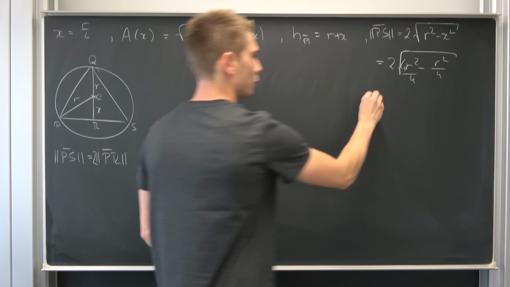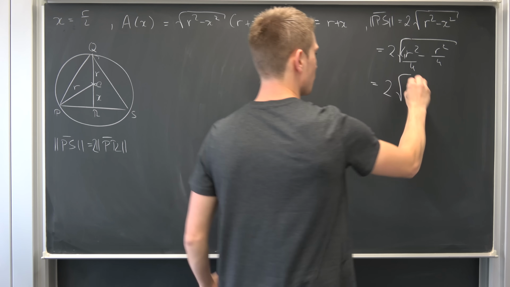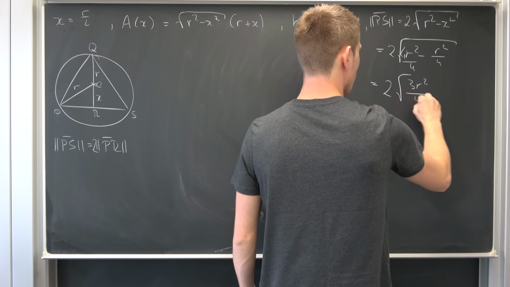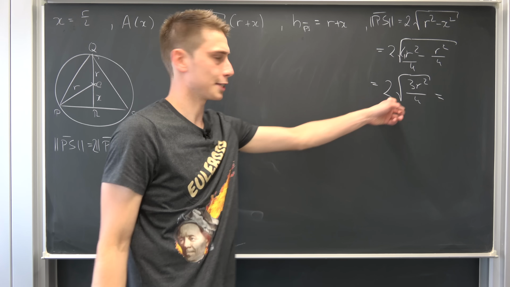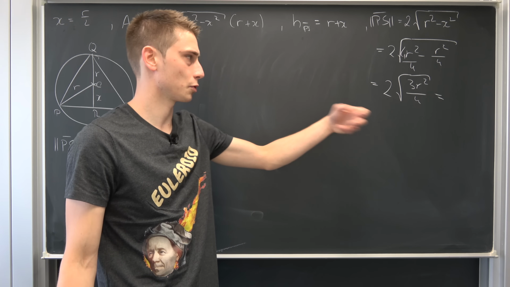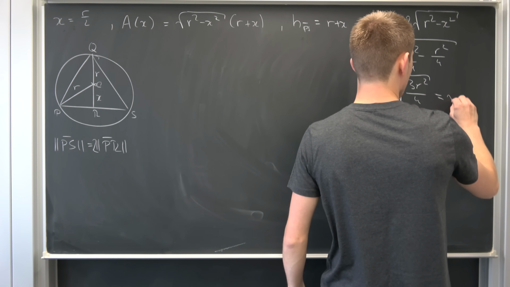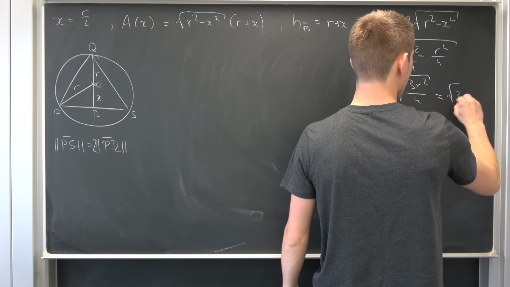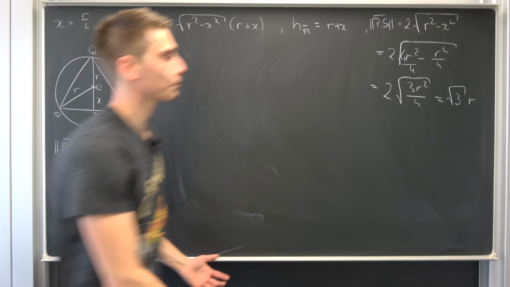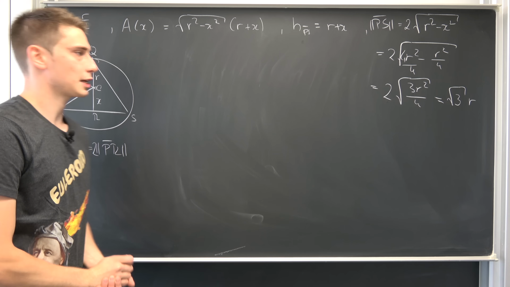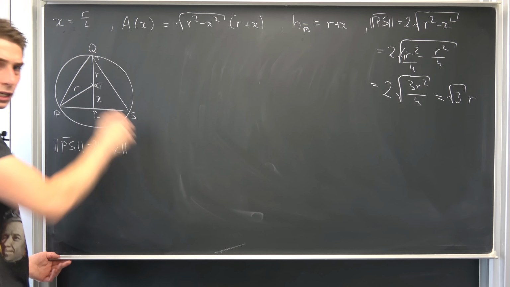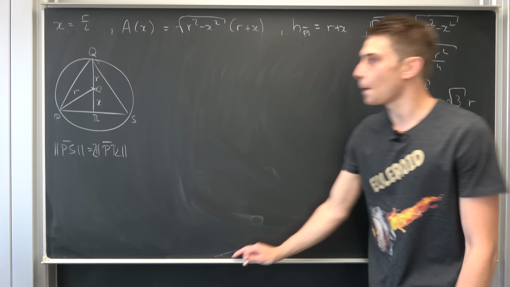So we end up with 2 times the square root of 3r squared over 4, which is nothing but, well, this 2 and this 1 over square root of 4 are going to cancel out. So we end up with square root of 3 times r. Yeah, exactly. So that's our side length, actually.